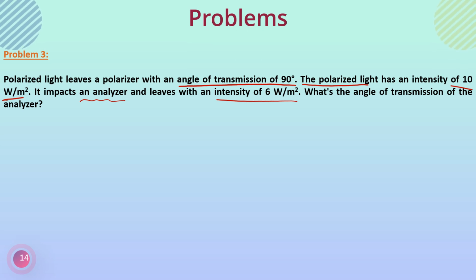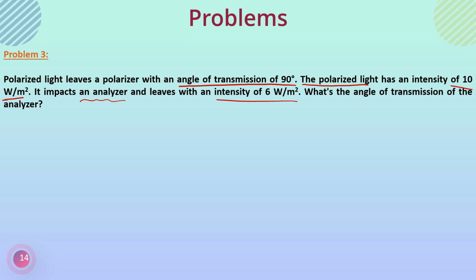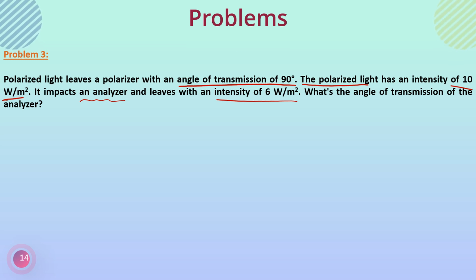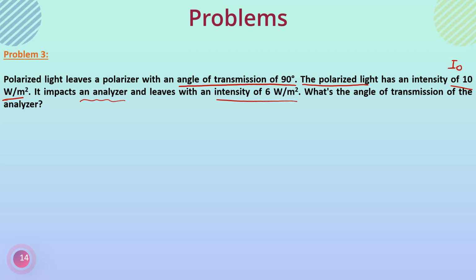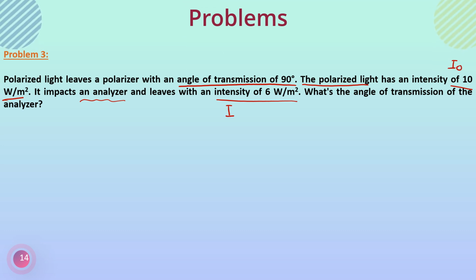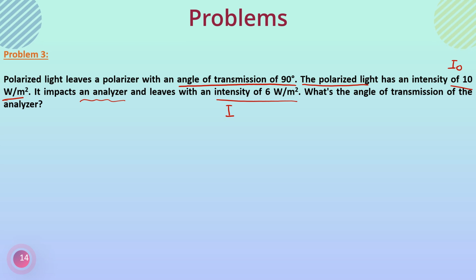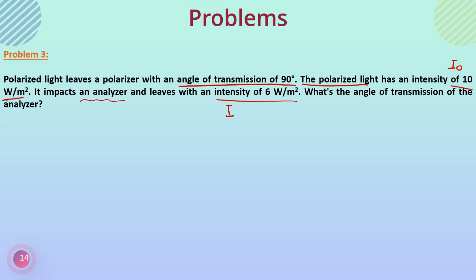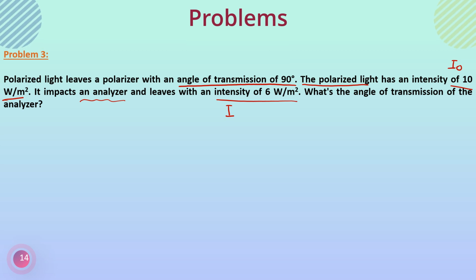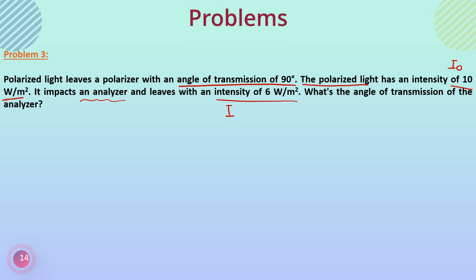Well, after reading these two statements, we have two pieces of information. This is our I naught, and this is our I, because this is the polarized light after leaving the analyzer, right? We know it, and we know the light that enters the analyzer, which is the I naught. What is the question here? The angle.